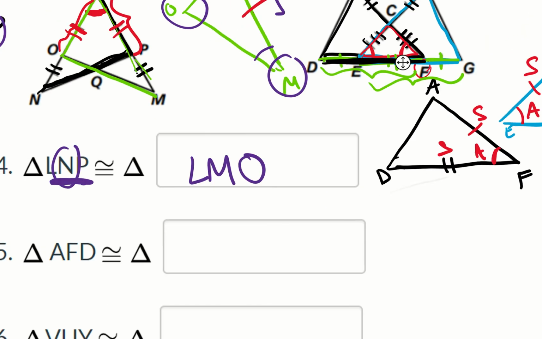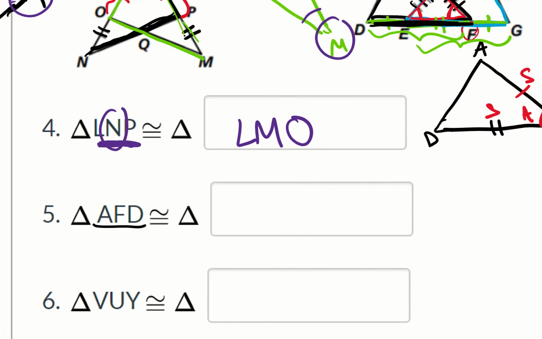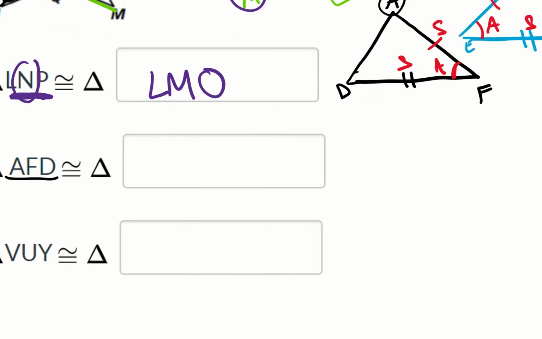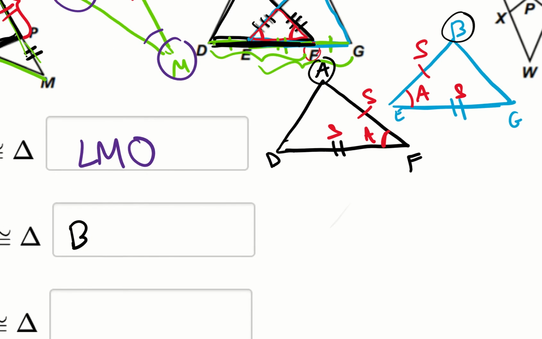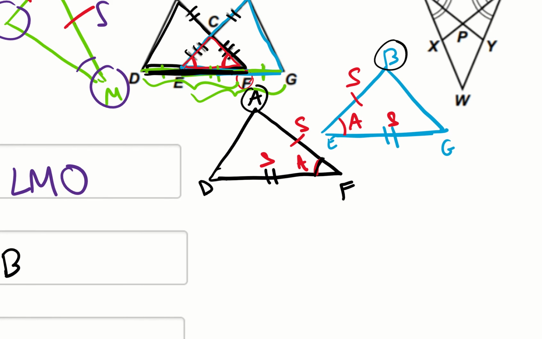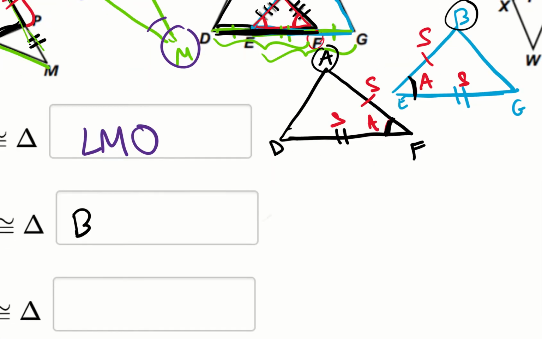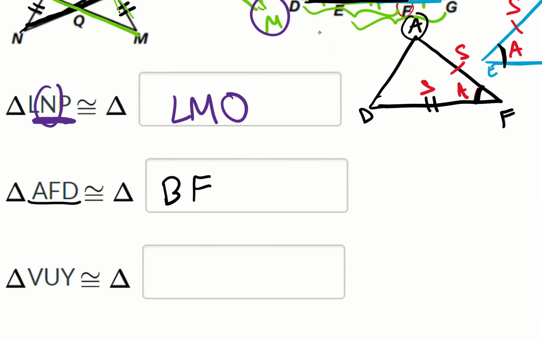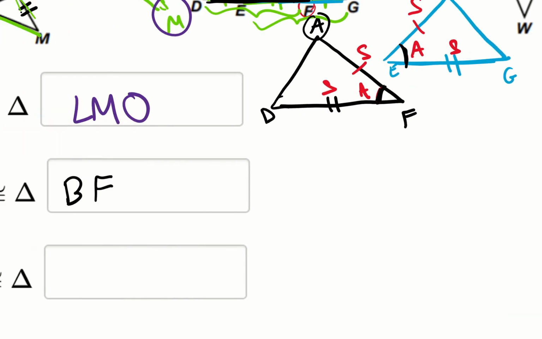What's the right order? Well, okay, so they said AFD. So that means A has to do with, in this example, B, right? So the first one is going to be B. And we know that angle F right here has to be the same as angle E. So the next one is going to be BE.